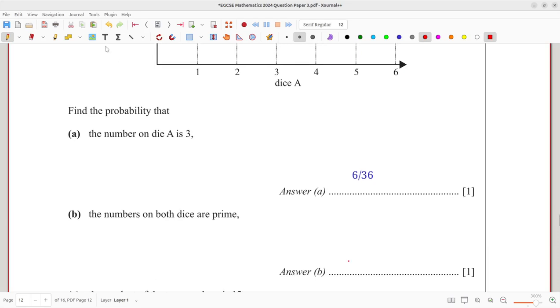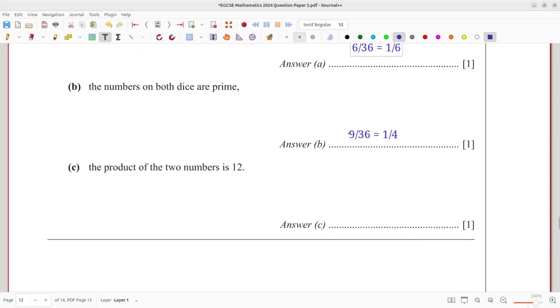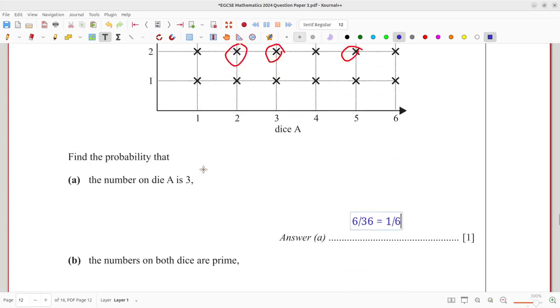Don't forget to simplify these answers. 9 on 36 is actually 1 over 4. 6 on 36, this is actually 1 on 6. The product of the two numbers is 12.